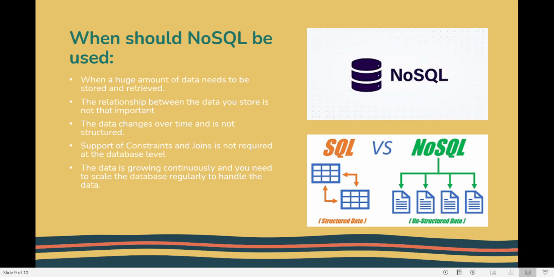Constraints here actually means there are many constraints which are used to manage the database, that is primary and secondary, and there are many more. So the support of the constraints and joins is not required at the database level.